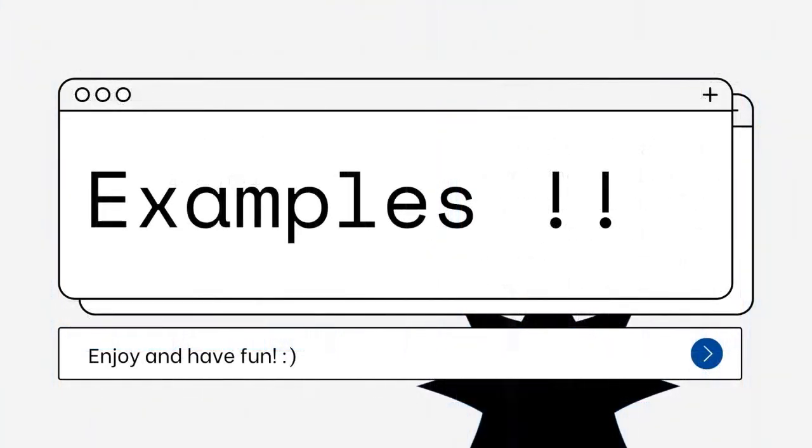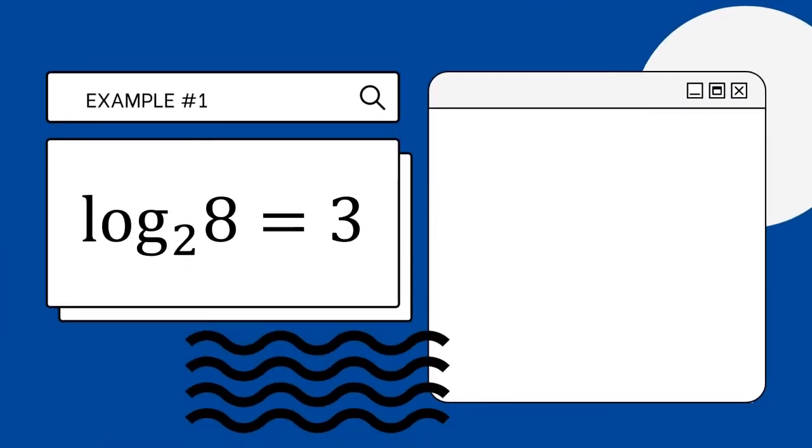Let's have more examples. Example number 1, we have logarithm of 8 base 2 is equal to 3. So we have the base as 2, or b is equal to 2, y is equal to 3, and x is equal to 8. So we get x as 8, then we'll put it into one side of the equation.